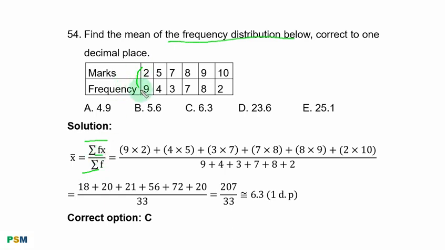So you come here, you multiply, plus the product of these numbers, plus this product and so on, over the sum of frequencies. When you multiply respectively, the numerator has this result over 33. When you add, you have 207 over 33. When you divide and approximate to 1 decimal place, the mean is equal to 6.3. The correct option is C.